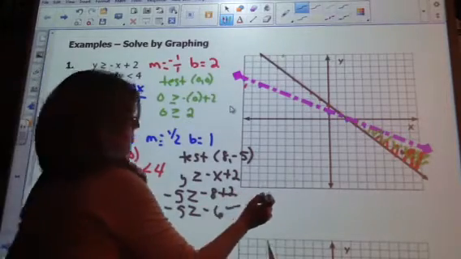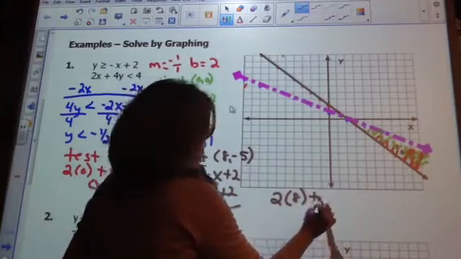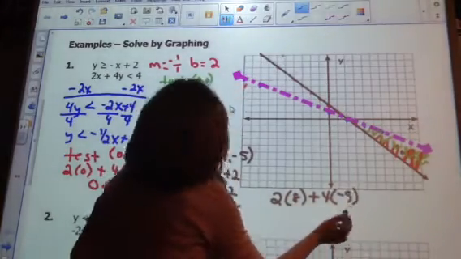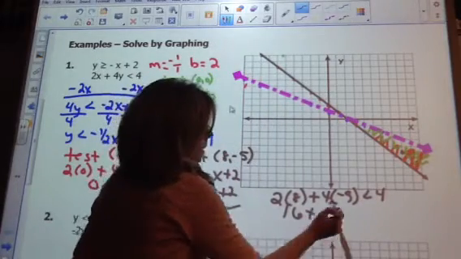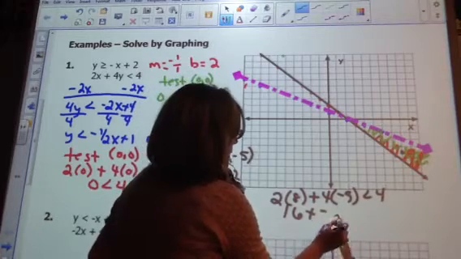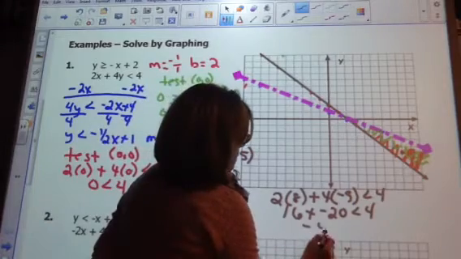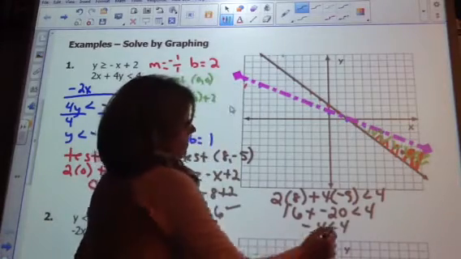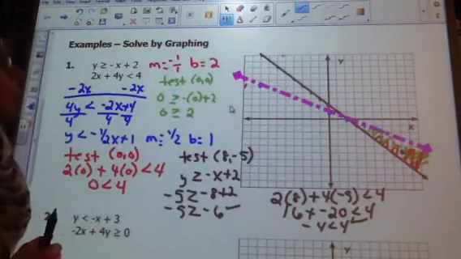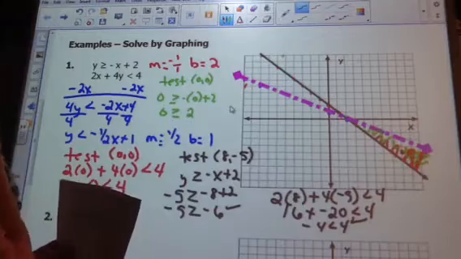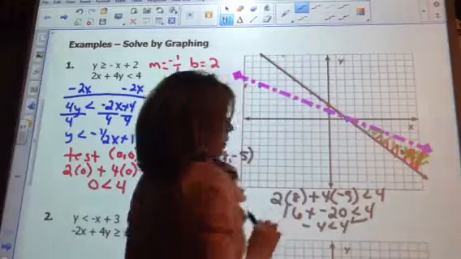Let's check the second inequality. 2 times 8 plus 4 times y needs to be less than 4. 2 times 8 is 16. 4 times negative 5 is negative 20. So I have negative 4 less than 4. Is negative 4 less than 4? Check. So this point is part of our solution. Your solution, when we are solving systems of inequalities, is just this shaded area right here. Everything else you want to erase.